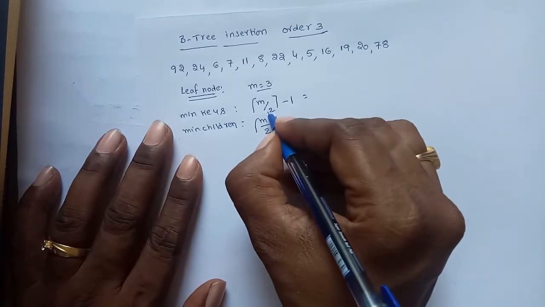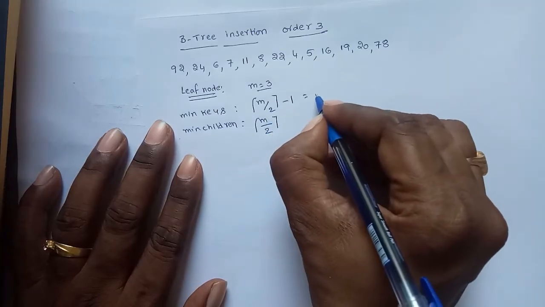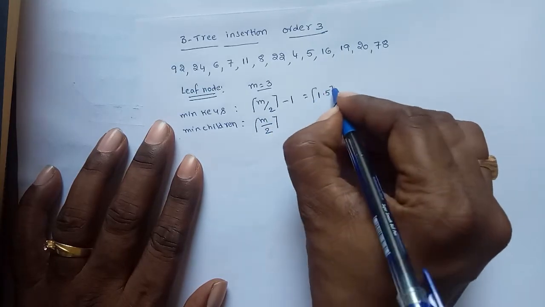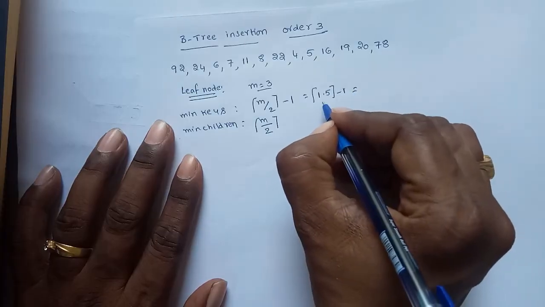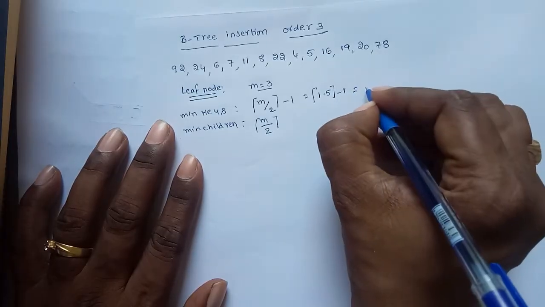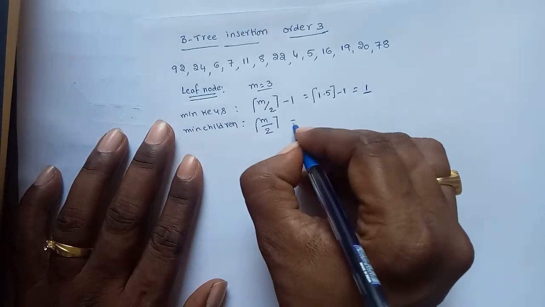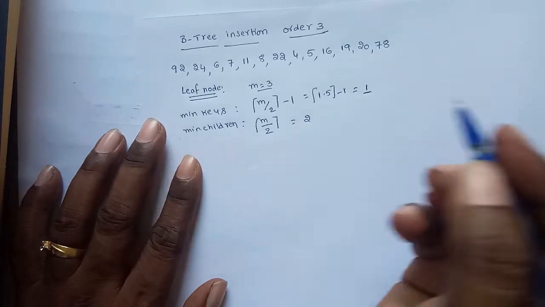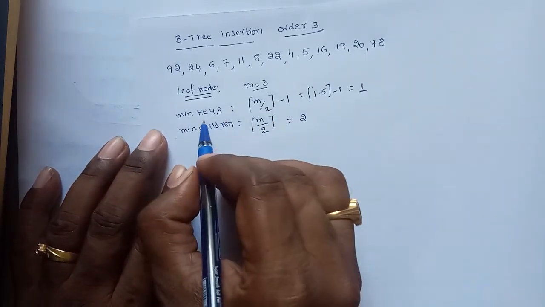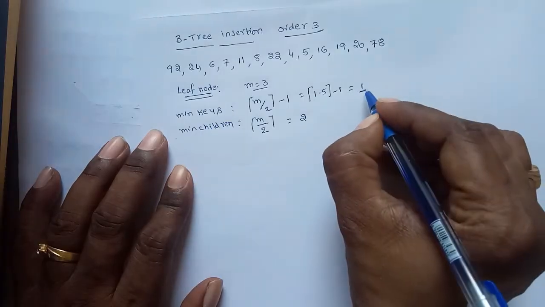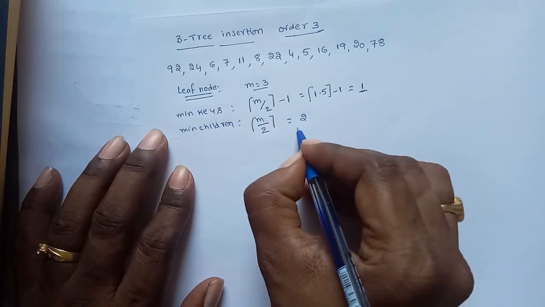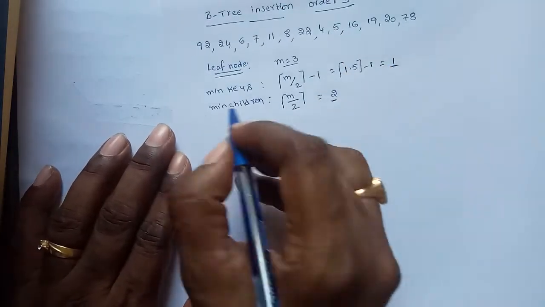So m by 2 means 3 by 2, that is 1.5. Ceil of 1.5 means 2. 2 minus 1 is 1, and here the value is 2. So in order 3, each node contains a minimum of 1 key and a minimum of 2 children.